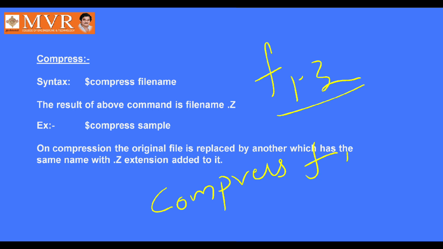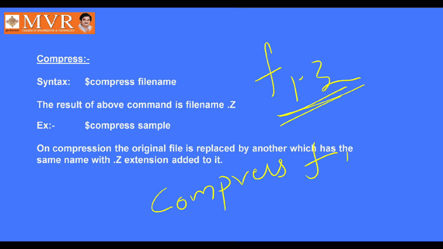The original file will not be there. Remember that whenever you are compressing a file, the original file will not be there. A new file with the .z extension, which is the compressed file, will be created in the directory. Okay, got it? So that is the important thing we need to remember.